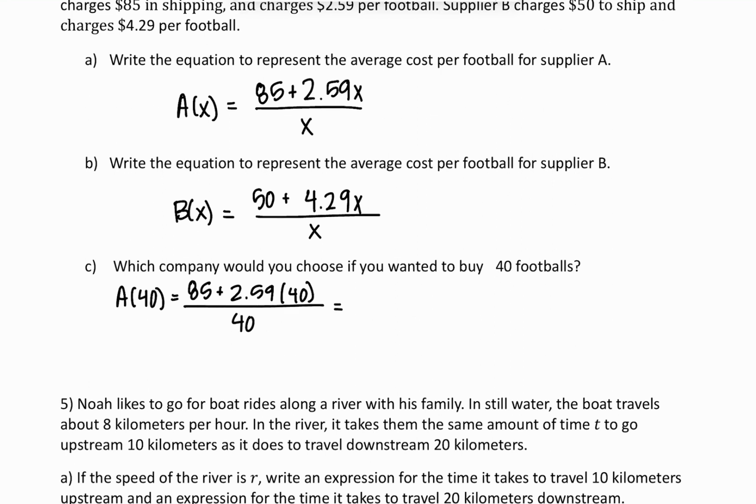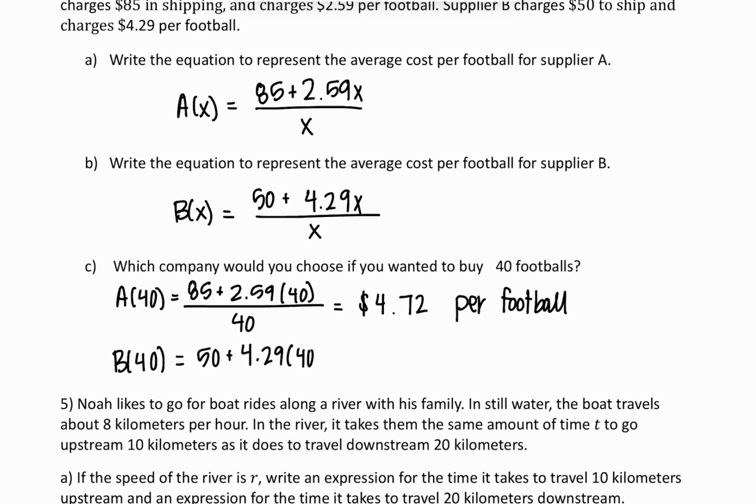And if you plug that into A of x, you should get $4.72, I rounded that, per football. And then for B of 40, oopsie, I wrote that wrong, 4.29 times 40, divide that by 40, you get 5.54.